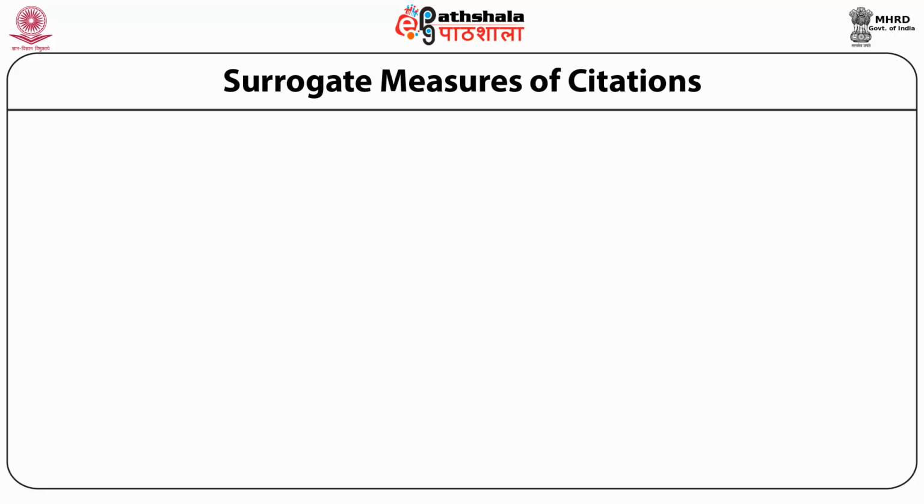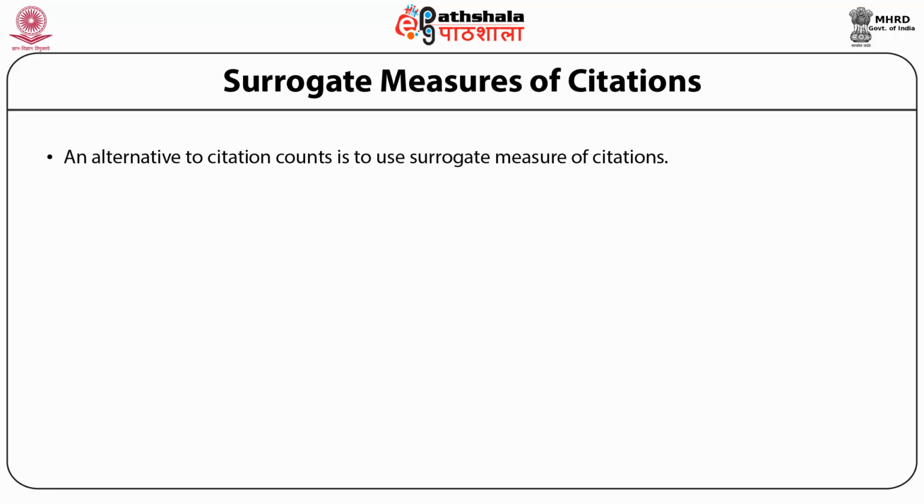Besides using publication counts and citation counts, there are alternatives to citation counts which we call surrogate measures of citations.